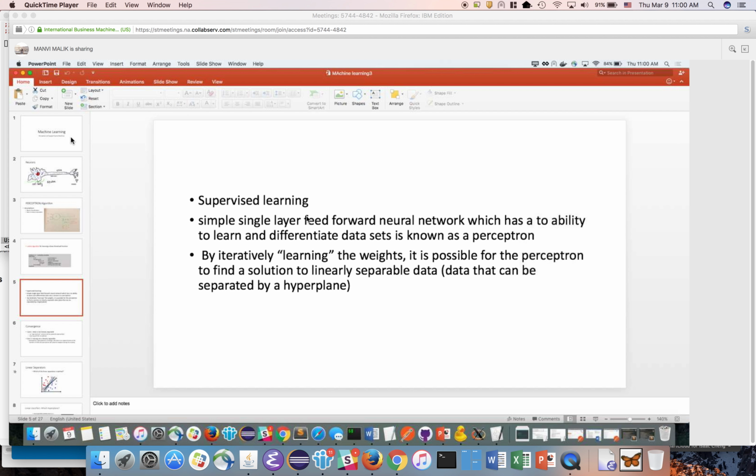And there is one important point: with the perceptron algorithm, we have mathematically proven that the maximum number of mistakes you can make is 1 upon gamma square, where gamma is the distance between the difficult points and the hyperplane. If you look online, you will see the proofs. So that's the maximum number of mistakes a perceptron algorithm is going to make.